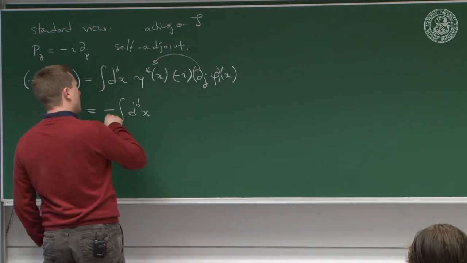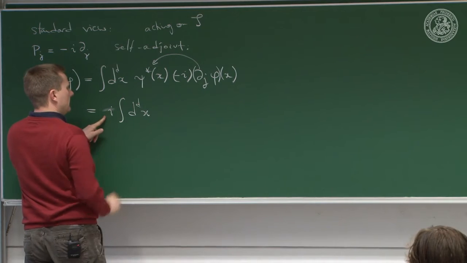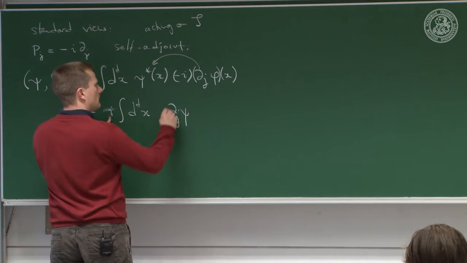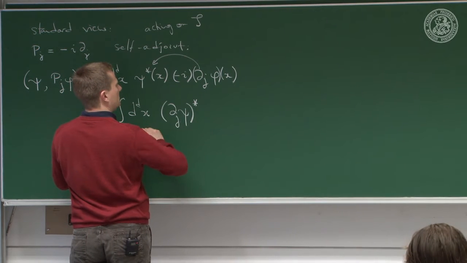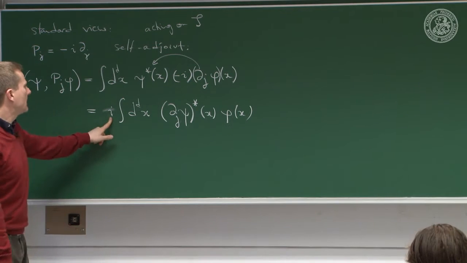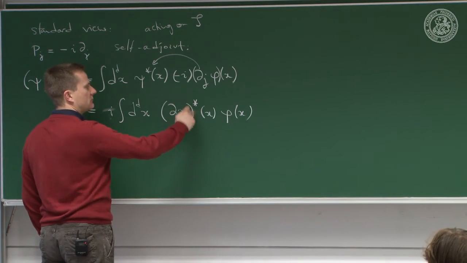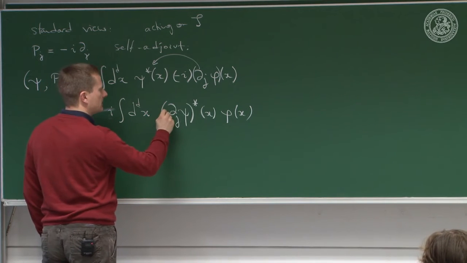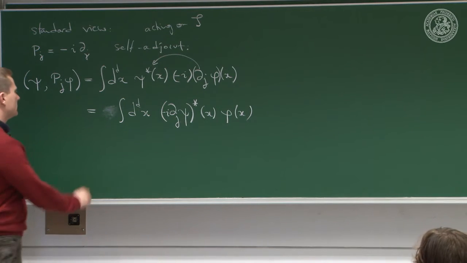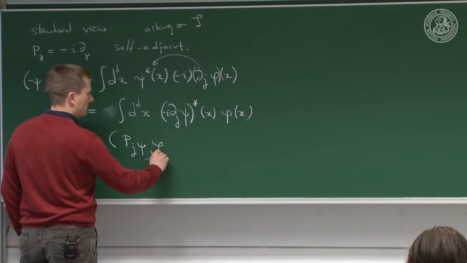There is a minus from the integration by parts, and there's a minus i anyway, so there is an i. Then there's a del_j psi, starred, evaluated at x, and there remains phi of x. Now this i that I have left over can be pulled into the bracket of this object that's being starred. Then, of course, it gets a minus i because it's being starred. But now it's pretty obvious: this is P_j psi comma phi.